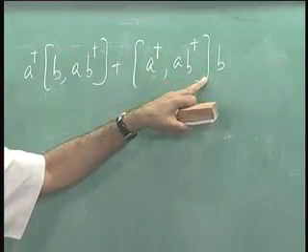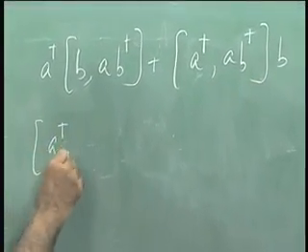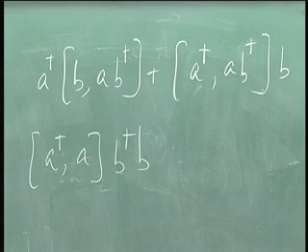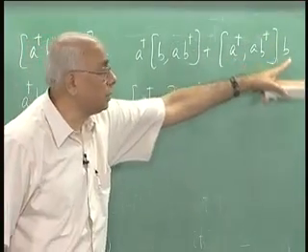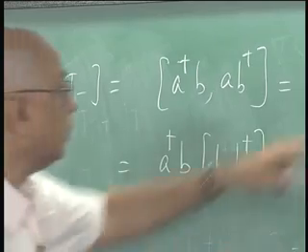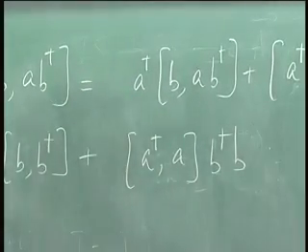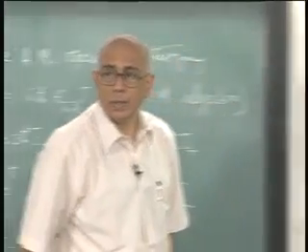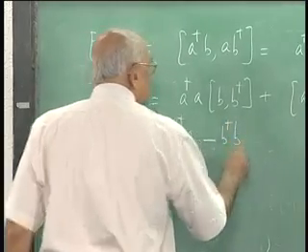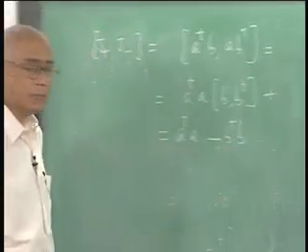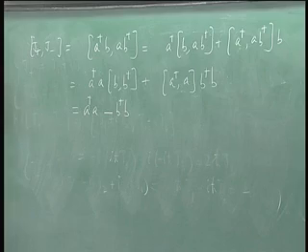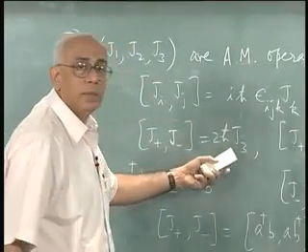Similarly A dagger with B dagger is 0, so this is just the commutator of A dagger with A, times B dagger B. That is equal to A dagger A minus B dagger B, because A with A dagger is plus 1, so A dagger with A is minus 1, and B with B dagger is plus 1, and that is equal to twice J3 here.